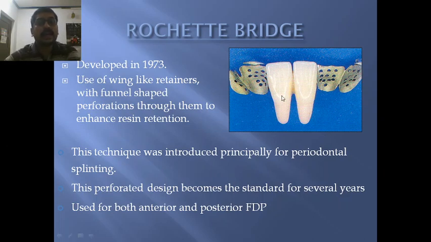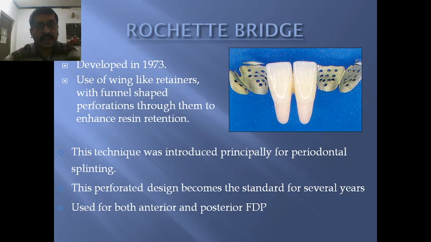It was developed in 1973 and it used wing-like retainers. You can see the wing-like retainers here, which have some perforations, and these perforations are funnel shaped, which enhances the resin retention. It was introduced principally for periodontal splinting of periodontally weak teeth.